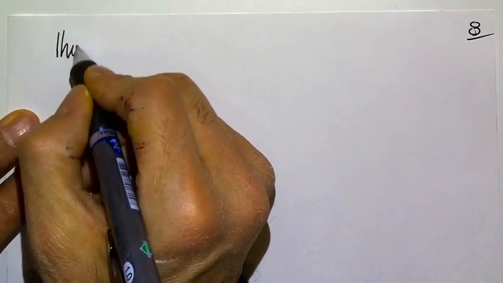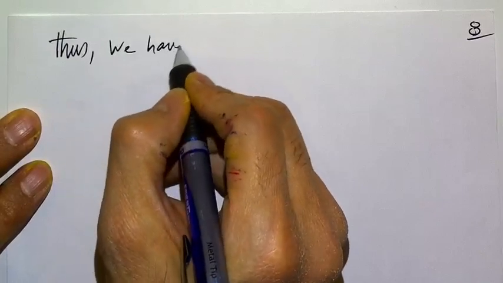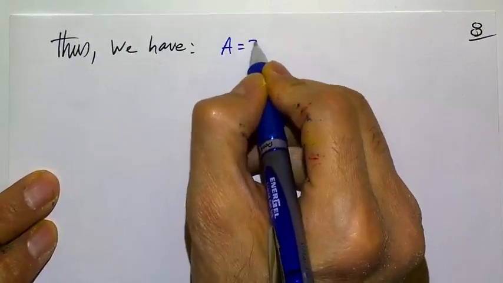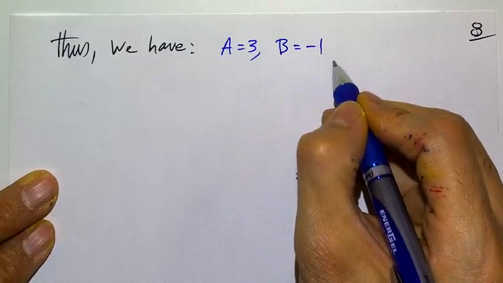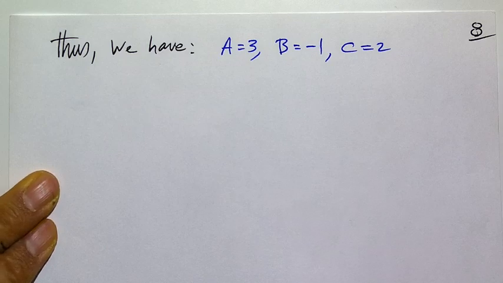So thus, we have figured out a equals 3, b was equal to minus 1, and c was equal to 2, right? I'm just double checking, correct.